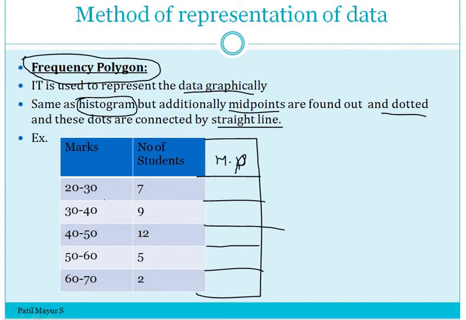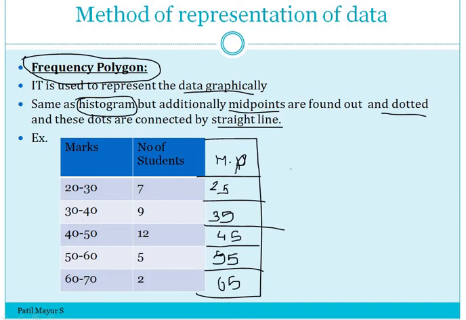Okay, how are we going to find the midpoint? This class interval has 20 and 30, so the midpoint will be 25. So here 35, here 45, 55, 65. How is it calculated?